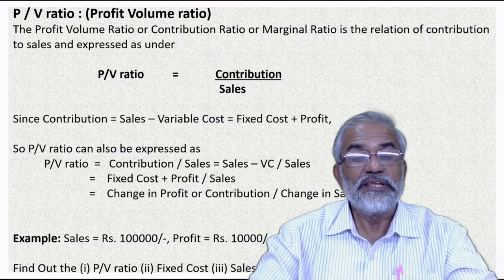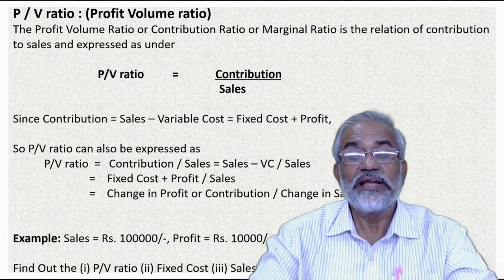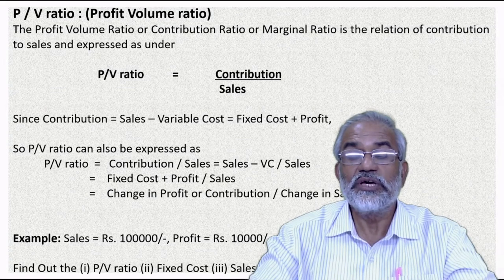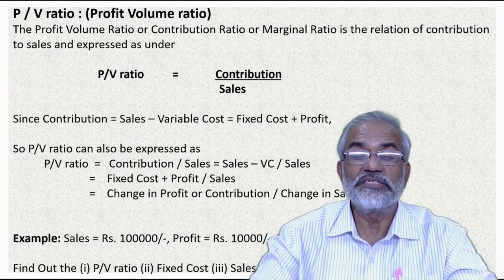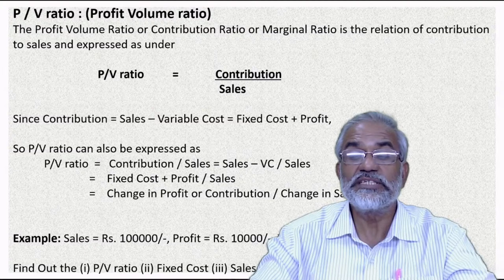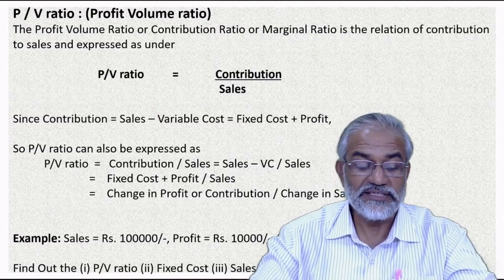First we need to find out the PV ratio, then the fixed cost, then the sales volume needed to earn a profit of rupees 40,000. That means, what would be the volume of sales for a desired profit of rupees 40,000 in the hands of the organization?